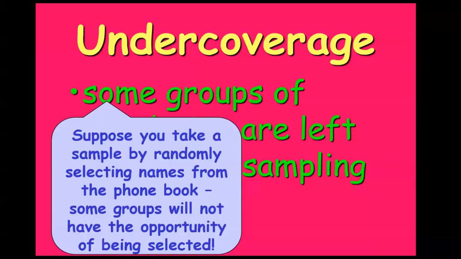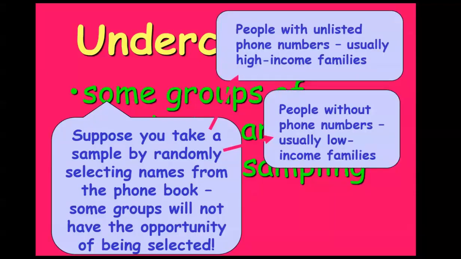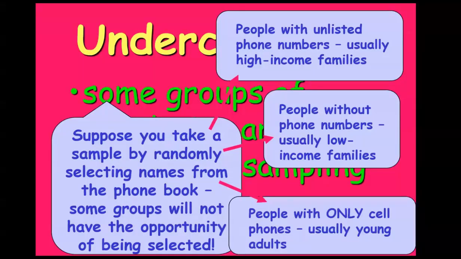I don't think anyone uses phone books anymore, but it used to be that the really rich people you could pay to have your phone number unlisted, and the really rich people would do that, and the really low income wouldn't even have a phone number, so you'd be missing out on those people with that information.